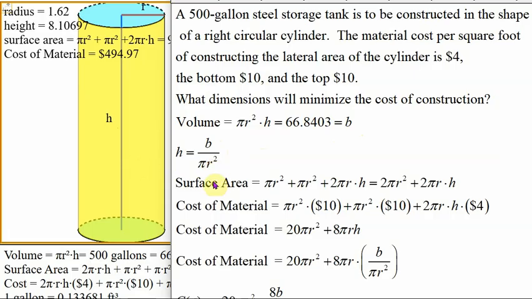The surface area would be the area of the top, the bottom, and then the lateral area. So it's 2 pi r squared plus 2 pi r h.